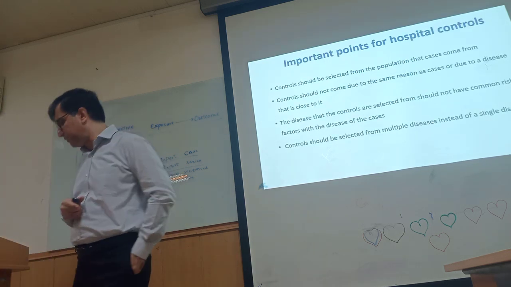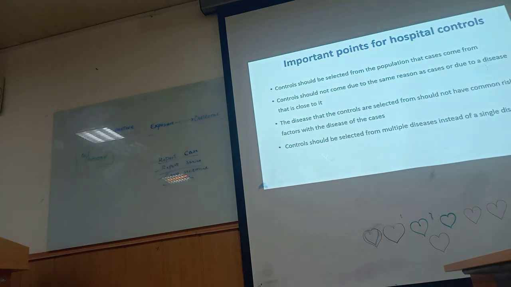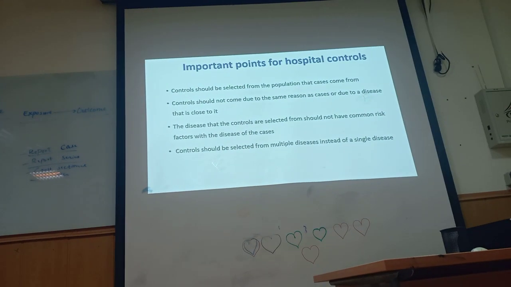There are some important points that should be considered when you are selecting cases from hospitals. The first one is that controls should be selected from the population that cases come from.